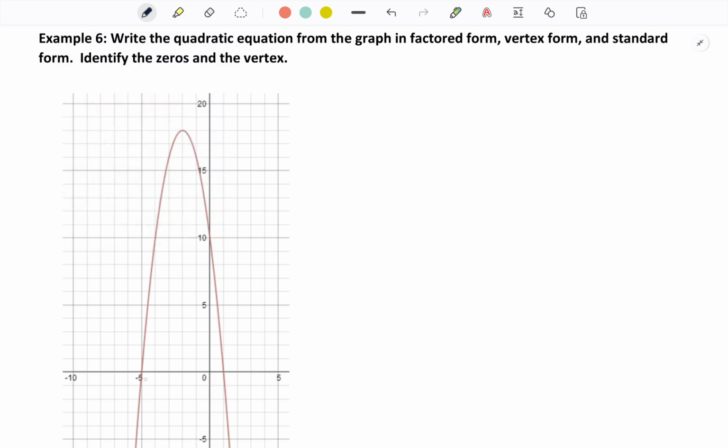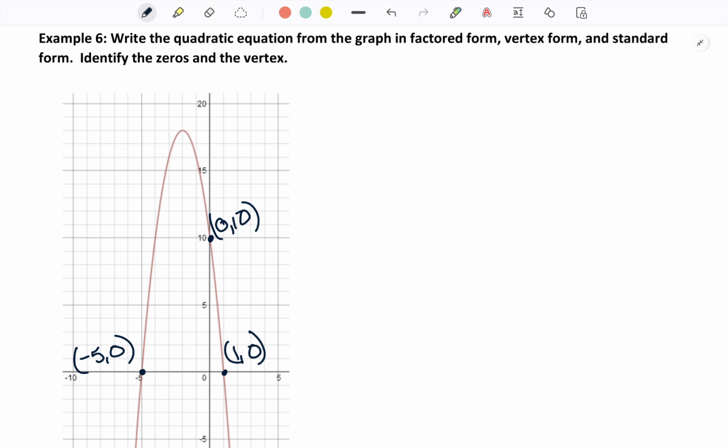So the first thing I'm going to do is identify those zeros. So it looks like I have negative 5, 0. And I have 1, 0. So my y-intercept is 0, 10.